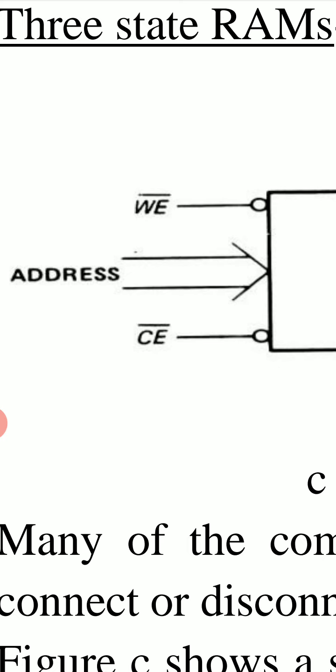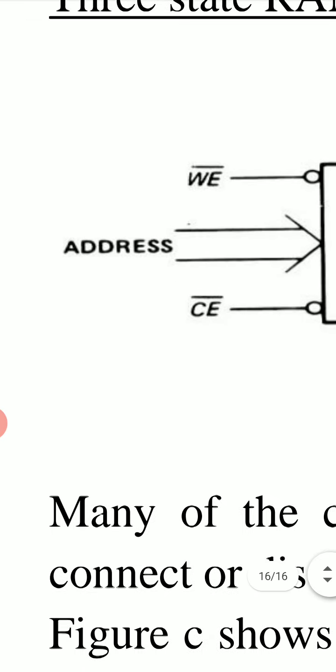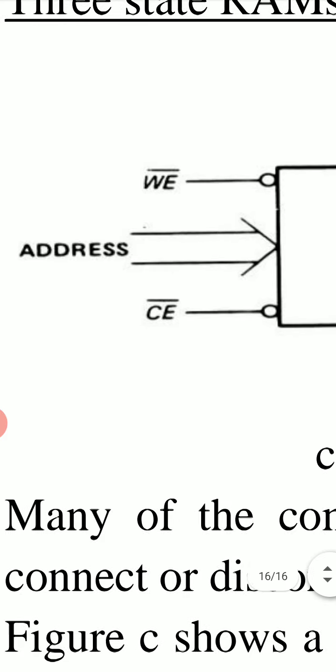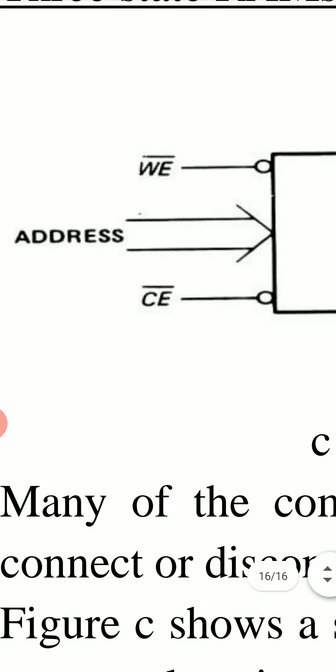So these are active when WE bar is 0 and CE bar is 0. WE bar is write enable and CE bar is chip enable. And we have this address line which selects a given memory location.